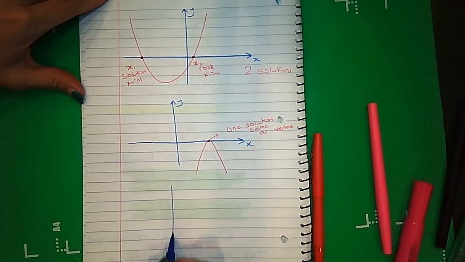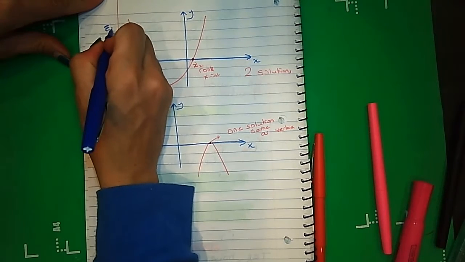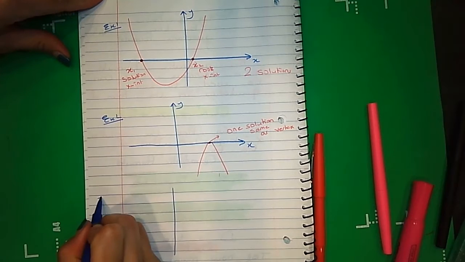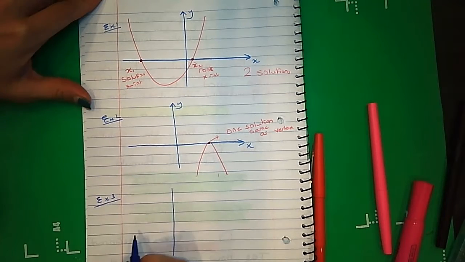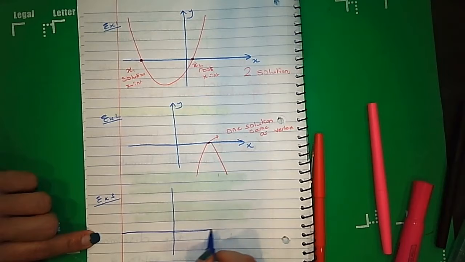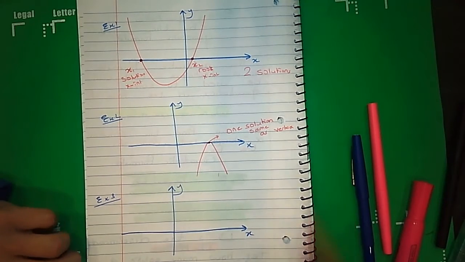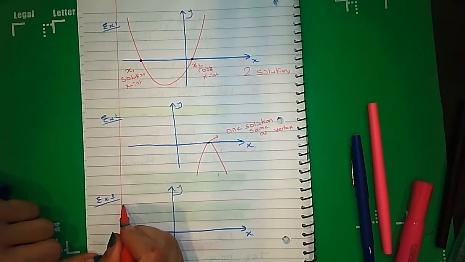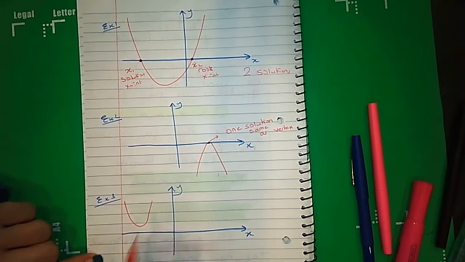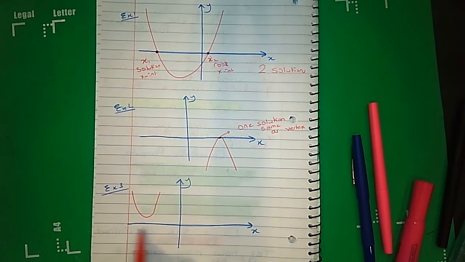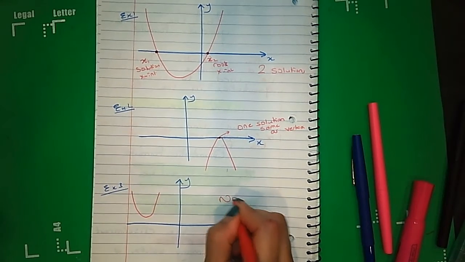Now let me just write example 1, example 2, and example 3. We got x and y. Let's say we have this kind of parabola. How many times does this graph touch the x-axis? None.